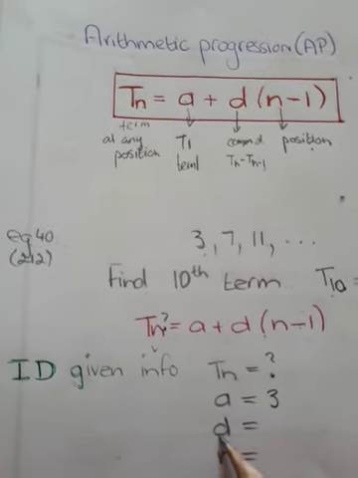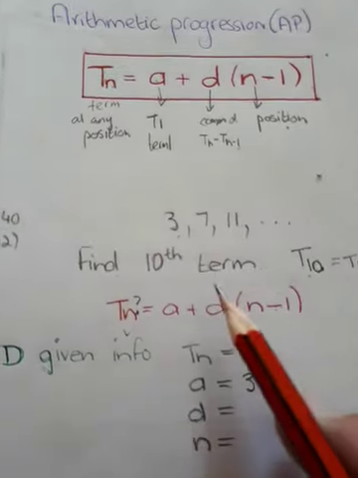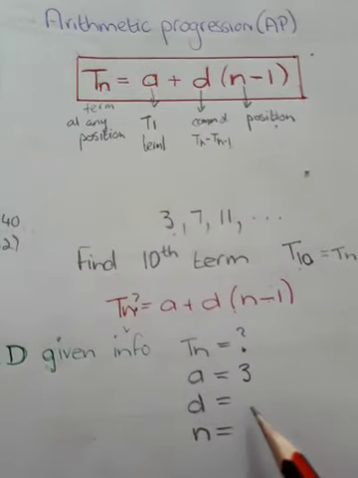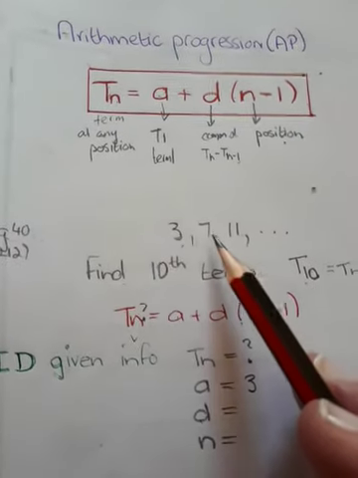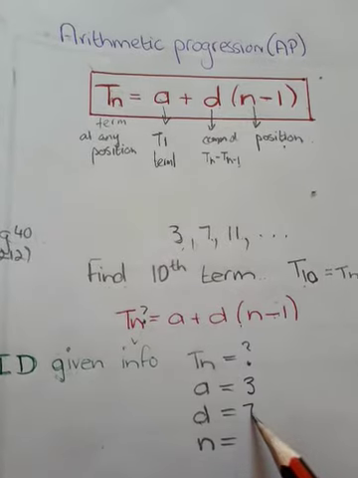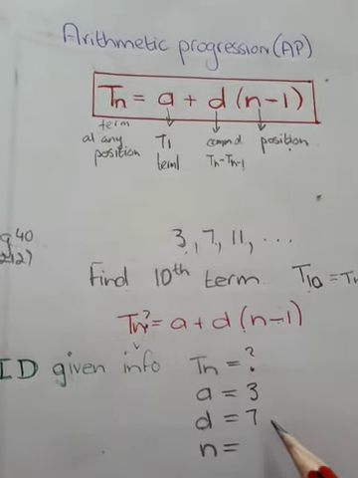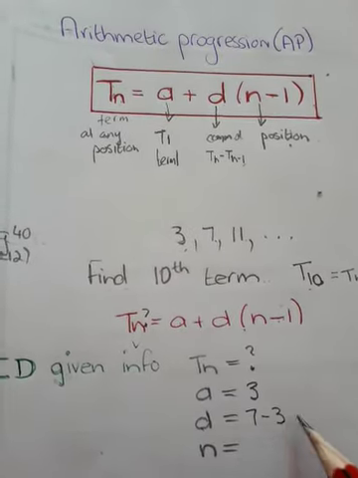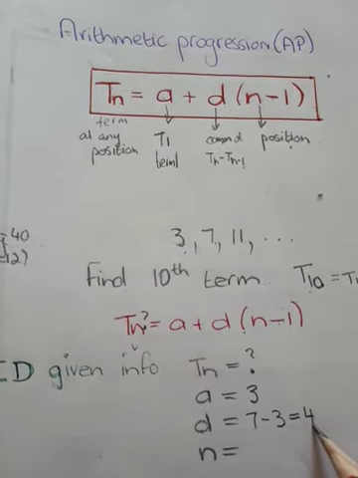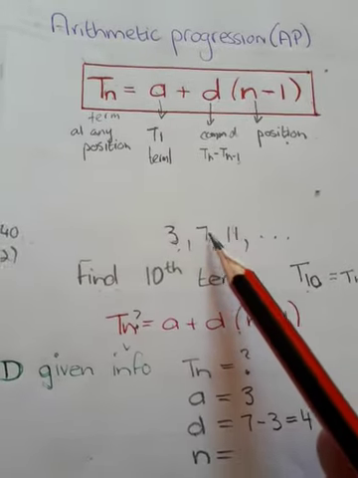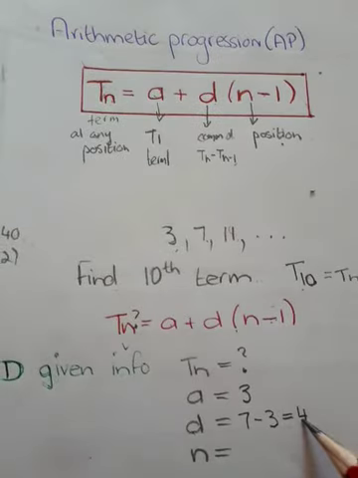Then D stands for the common difference. We do not yet have the common difference, but we calculate that by taking any term, 7, and we subtract the previous term, minus 3, equals 4. Or 11 minus 7 also equals 4.